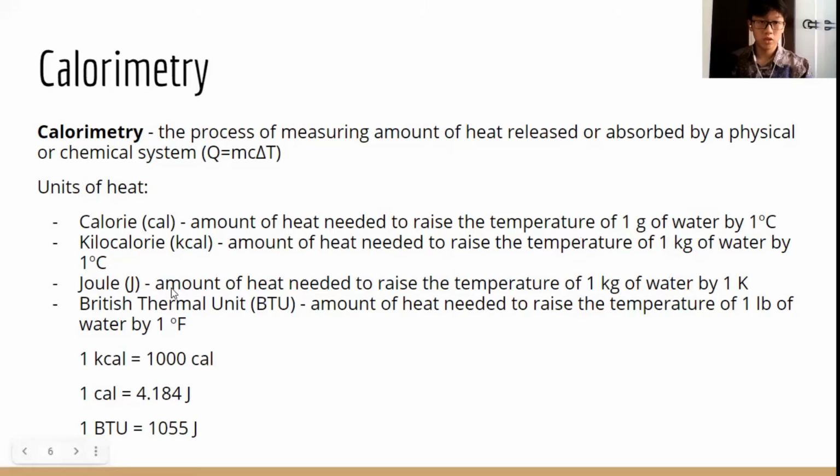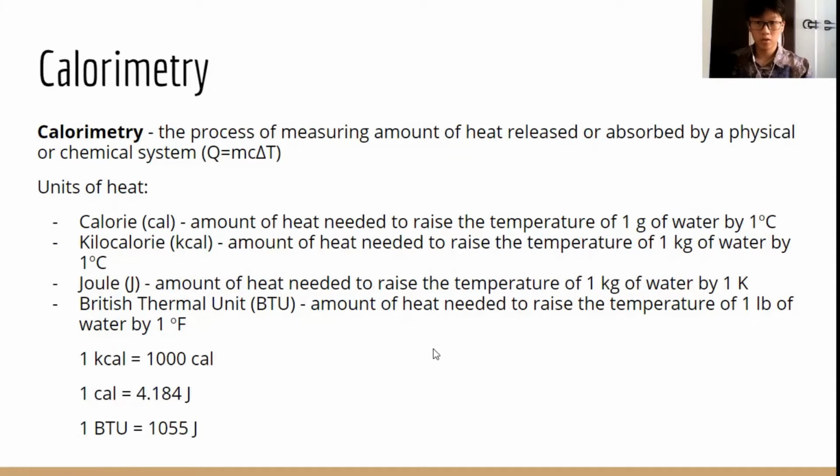Joule, or J, is the amount of heat needed to raise the temperature of 1 kg of water by 1 Kelvin. And the final one is the British thermal unit, or BTU. It is the amount of heat needed to raise the temperature of 1 pound of water by 1 degree Fahrenheit.